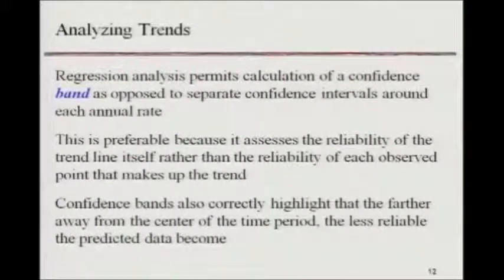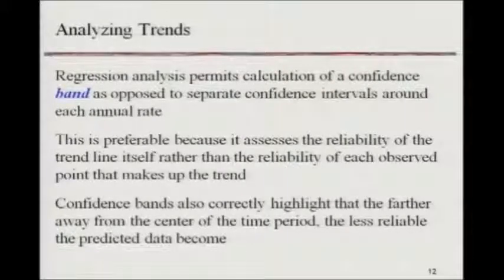This isn't just trend data. We didn't really talk about this when we were talking about regression modeling in general. But the nice thing about regression modeling is that you can get a confidence band around that regression line, around those predicted values from the regression equation, as opposed to trying to look at individual confidence intervals, which really isn't appropriate.